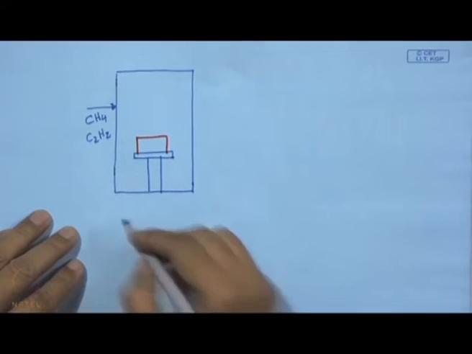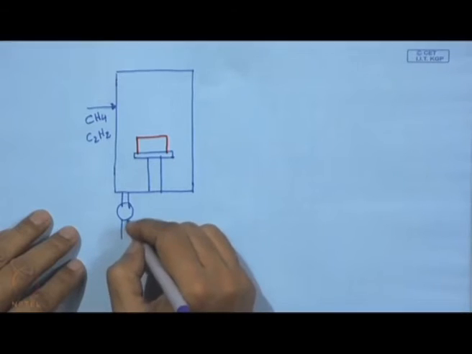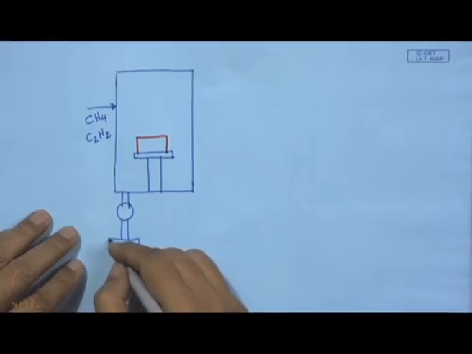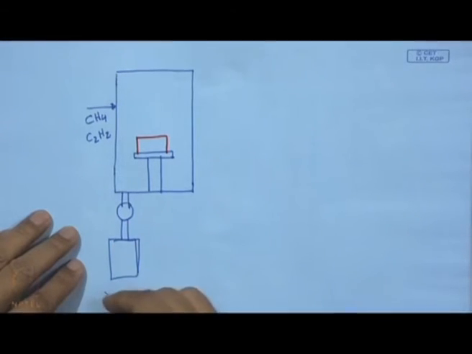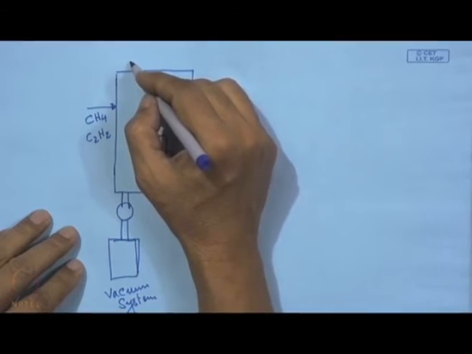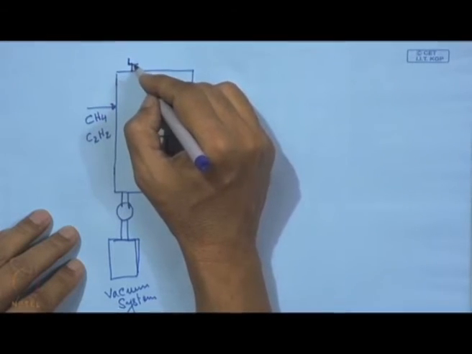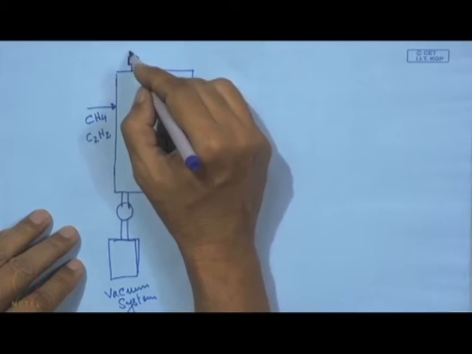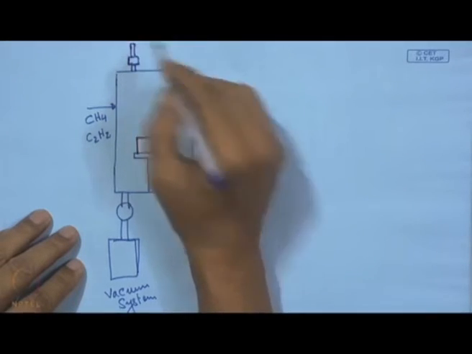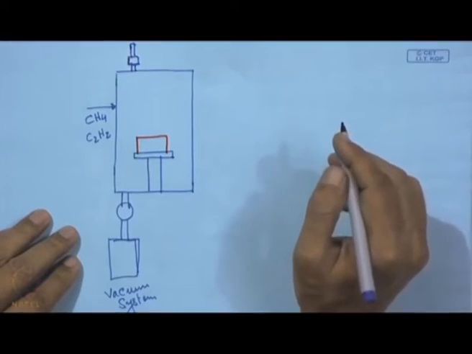Then we have a vacuum system with all sorts of peripheral supports, and also one pressure sensor here, which can be monitored, with close metering.